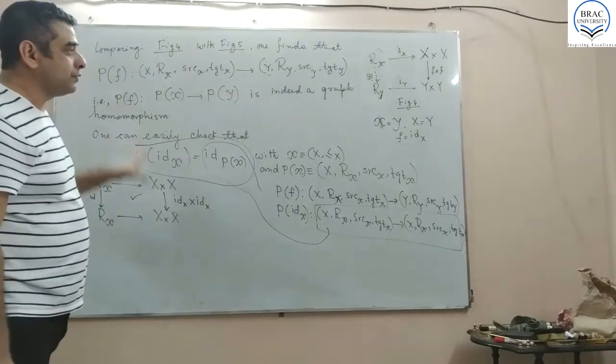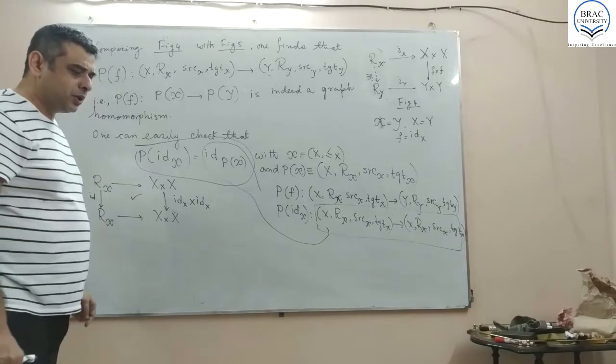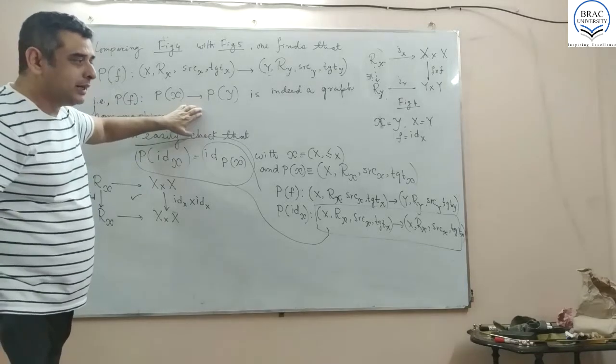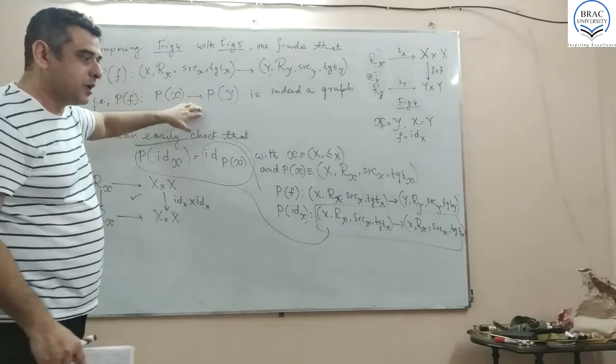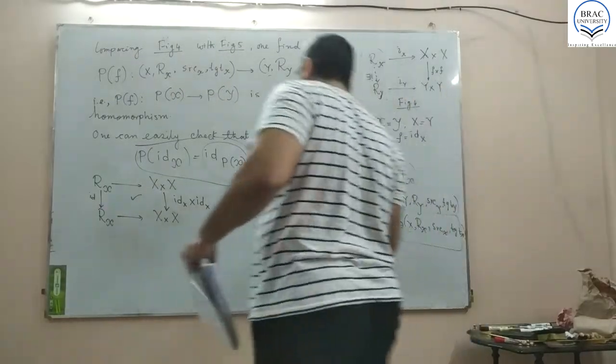So now we need to verify the preservation. So this was the preservation of the identity. Now we need to verify the preservation of composition for the definition of functor. Let's do it.